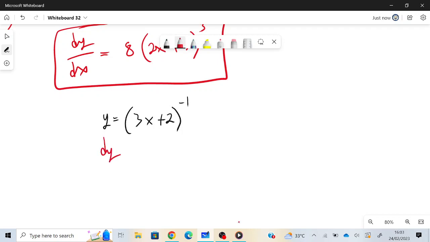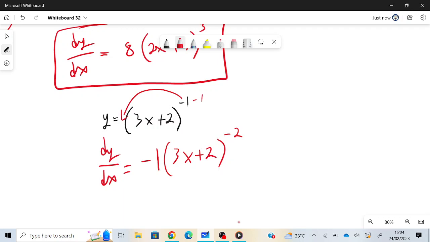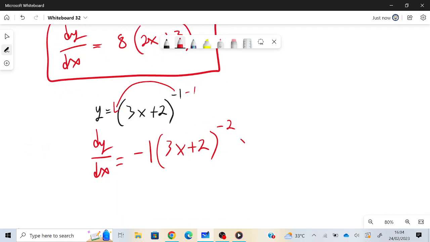So again, same way, dy/dx is equal to minus 1, because minus 1 times what's in front, which is nothing, so that's basically 1, so minus 1 times 1 gives you minus 1, into (3x plus 2) all raised to power minus 2, because you take away 1 from minus 1 and that gives you minus 2, and times this by 3, because the derivative of inside, 3x plus 2, is 3.